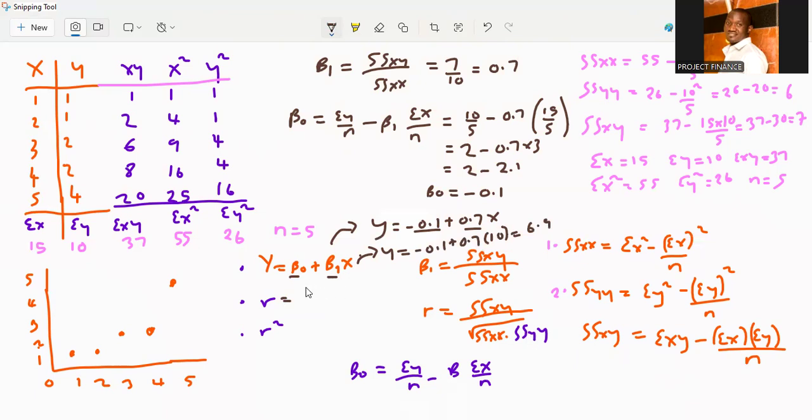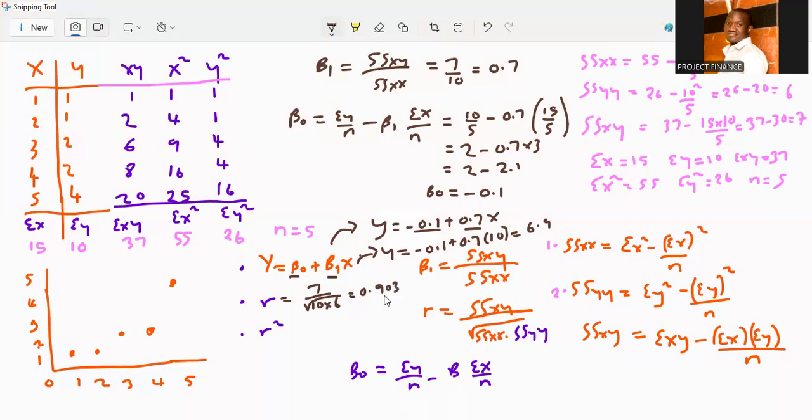So our xy was 7, so 7 over the square root of xx, which is 10, times 6. When you calculate that, we're going to find 0.903. So this means that it is a positive relationship. We're interested in the sign.